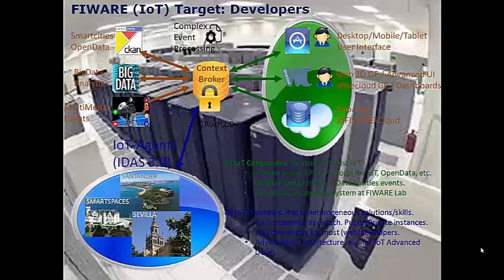You may be using it to consume and analyze the data with big data analytics, or a complex event processing enabler, or at the same time you may be consuming this information from applications built using, for example, the Web3D generic enabler, or the application logic at the Fiware cloud. And you may well be using all this from the Fiware lab, or from an application installed on your own infrastructure.